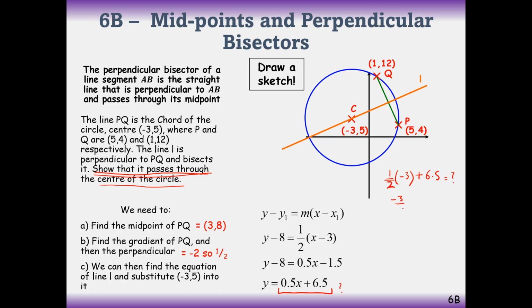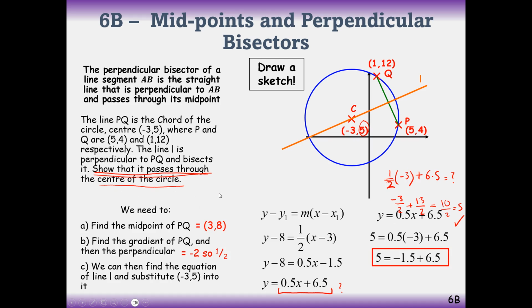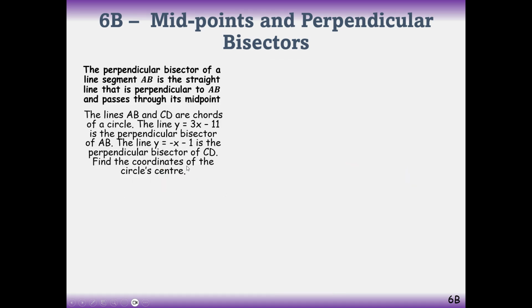So we get negative 3 over 2, and adding 6.5 is the same as 13 over 2. Alright, so adding that, you get 10 over 2. 10 over 2 is a 5. So yeah, 5 checks out to be the y value here. So it is correct. It does pass through the center. That's how you prove something.